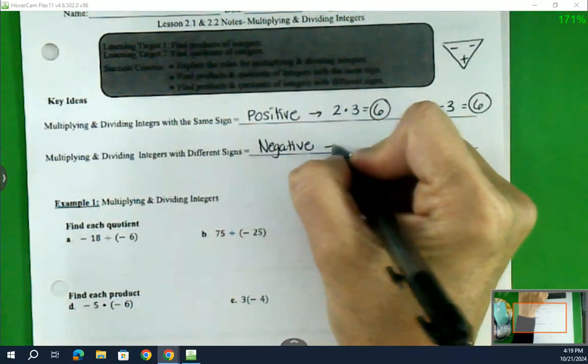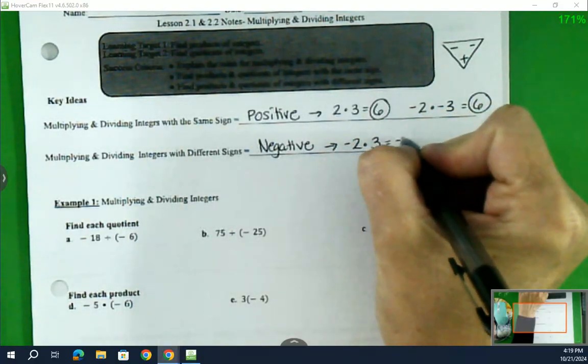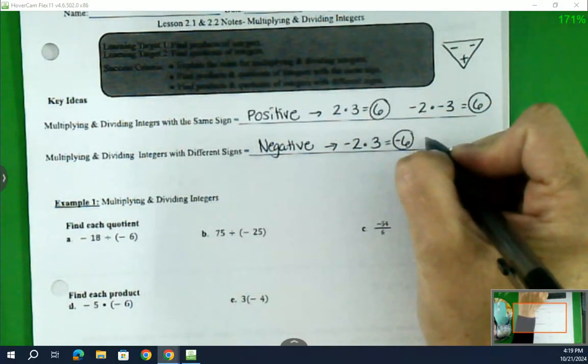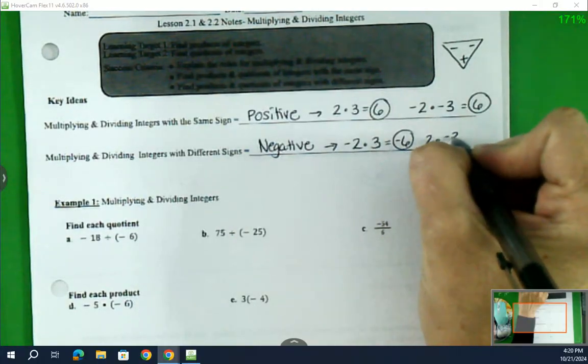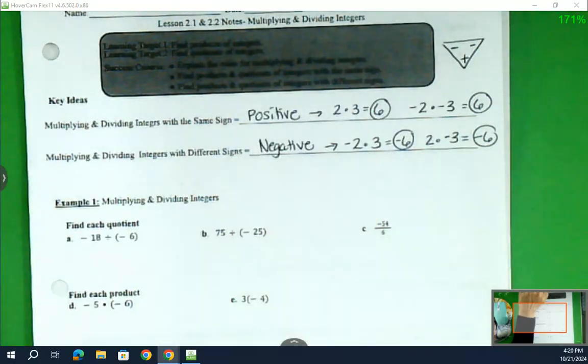So if we have negative 2 times 3, that's going to give us a negative 6. And if we have a 2 times a negative 3, that's also going to give us a negative 6.